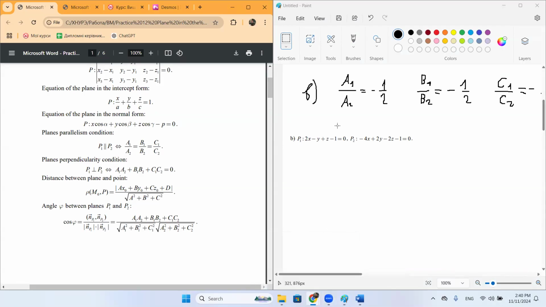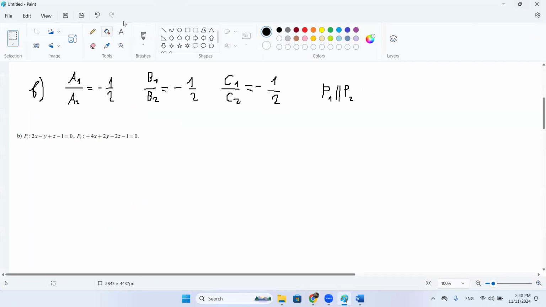No ideas. Okay, we need to find a point, any point that belongs to either plane P1 or plane P2. So let's find a point M that belongs to P1, by substituting some values into this equation.